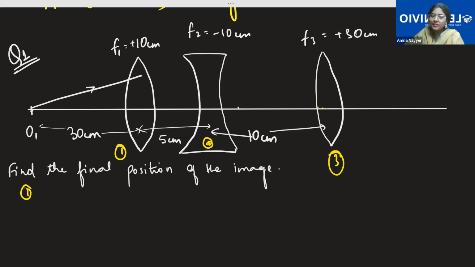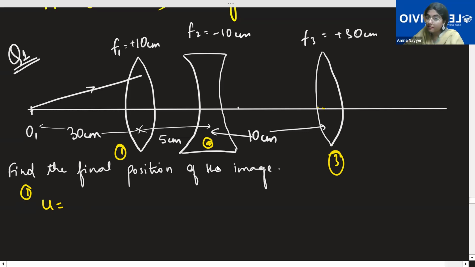Now for the first lens, I'm writing the things. See, object distance u which is present here. Muniba, can you tell me what is the object distance for the first lens? 30.